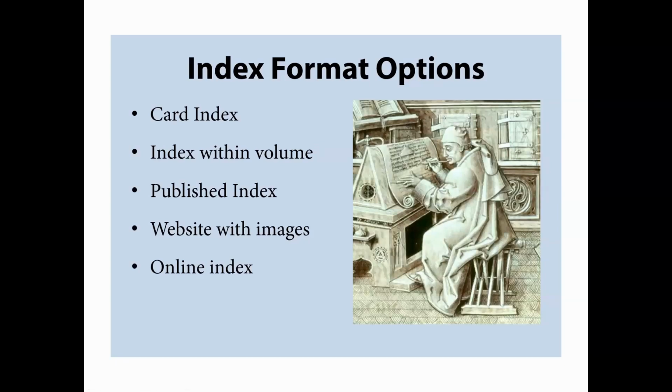Some have even added these to online websites and added the images that you can see. So oftentimes you might find that a lot of the indexes that we're talking about today are slowly starting to make their way online as well, where you can actually view those pages.